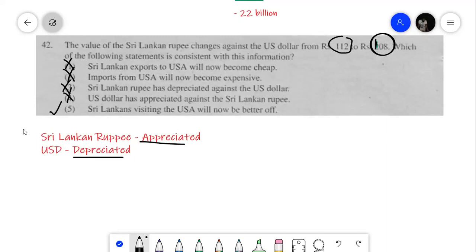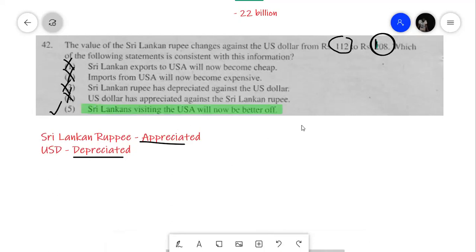Earlier, I would spend 1,000 times 112 in rupee terms. But now I have to spend 1,000 times 108. So it's better for me. For travelers, it's better. This is like an import, like imports getting cheaper, but this is a service. So Sri Lankans visiting USA will now be better off. That's correct. Is that okay? 42. This is also a common question that you all get.